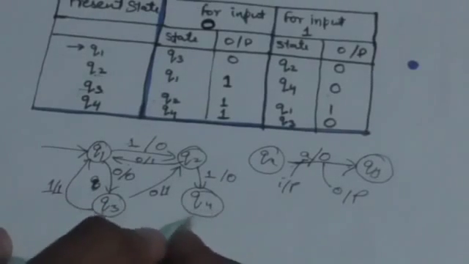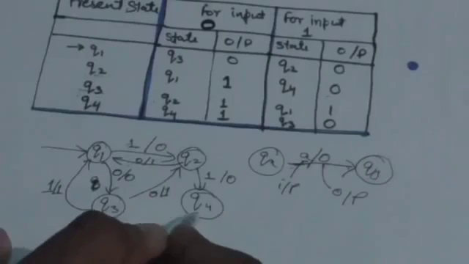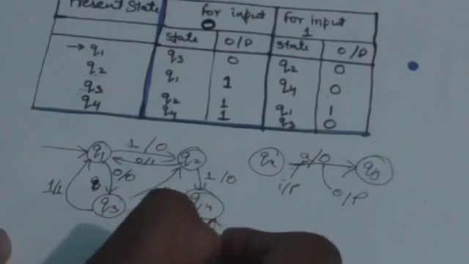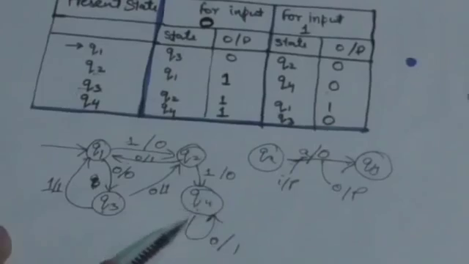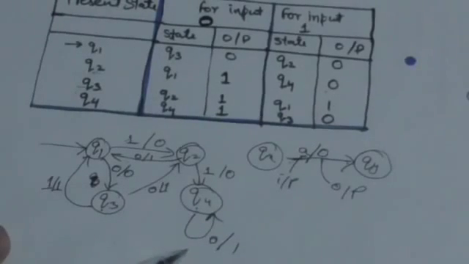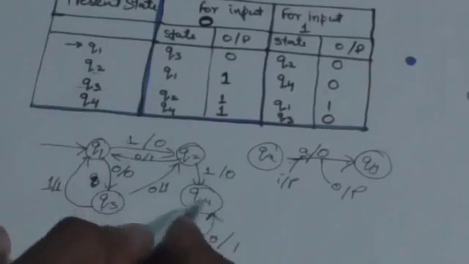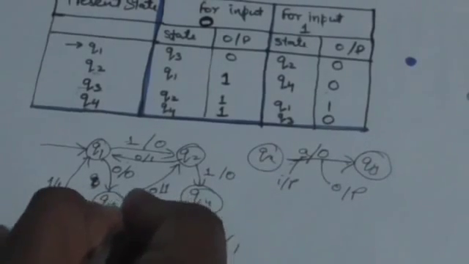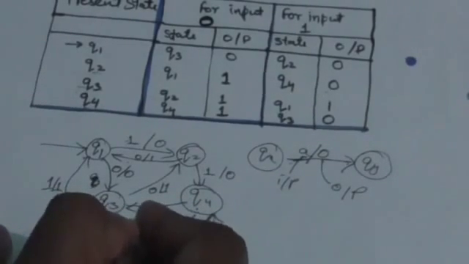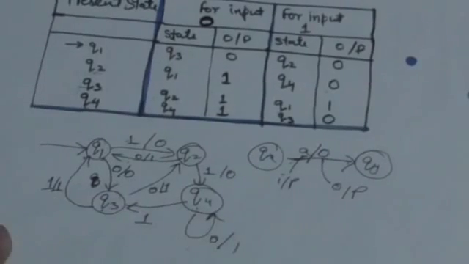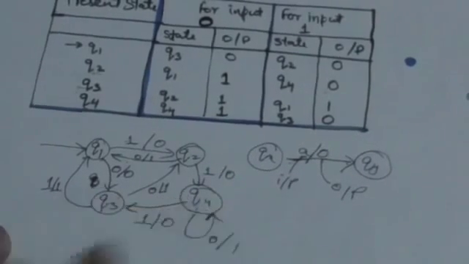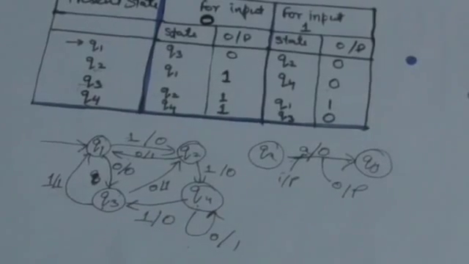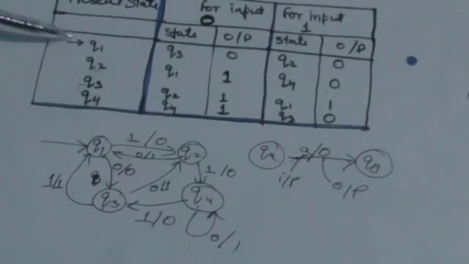And when its present state is Q4 and it reads 0, its output will be 1 and next state will also be Q4. But when it reads 1 here, it will jump to Q3 and output will be 0. So first write input symbol and then write output. So this is a graphical representation of this Mealy machine.